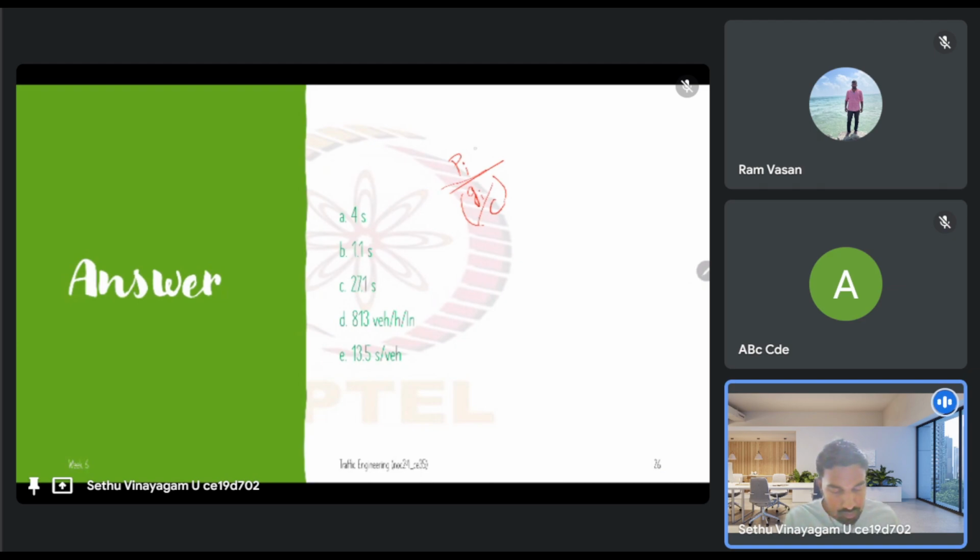When Rp is large, it means that most vehicles are arriving during the green interval, which means you'll have dense movement of vehicles.